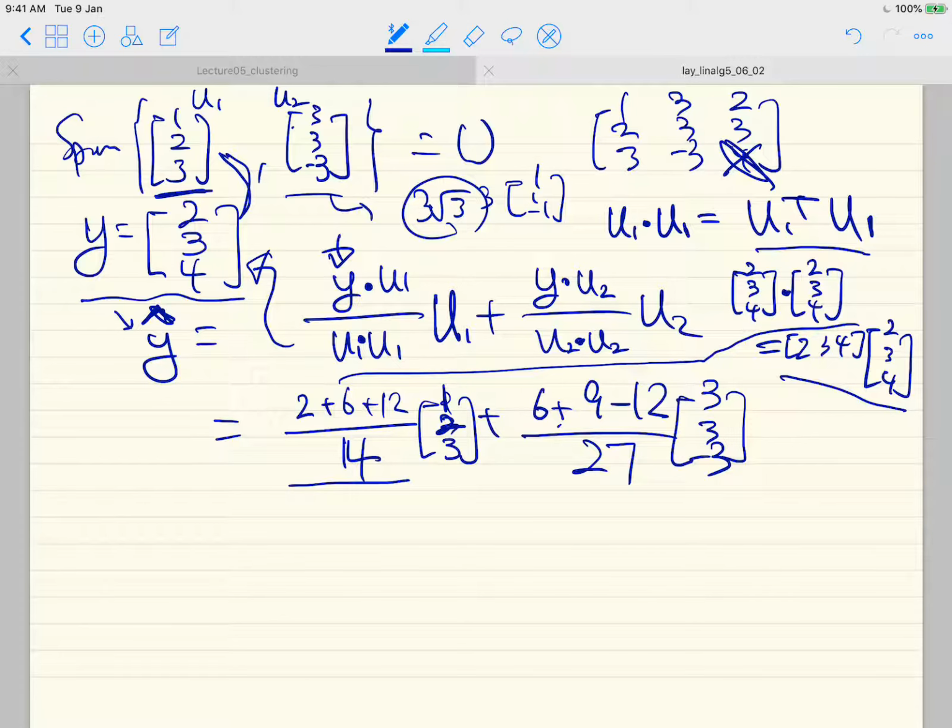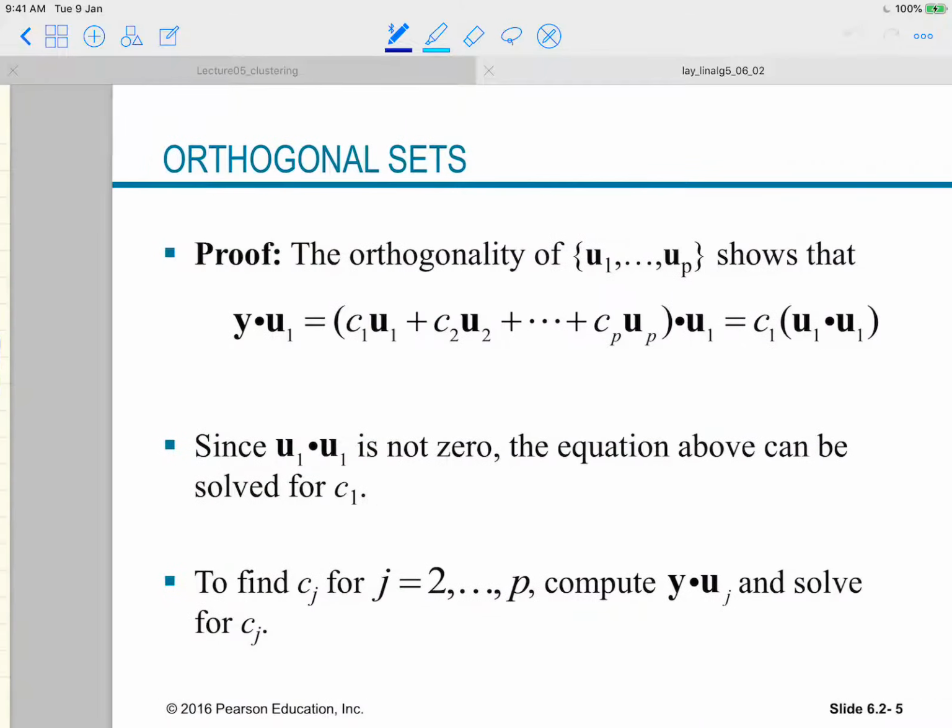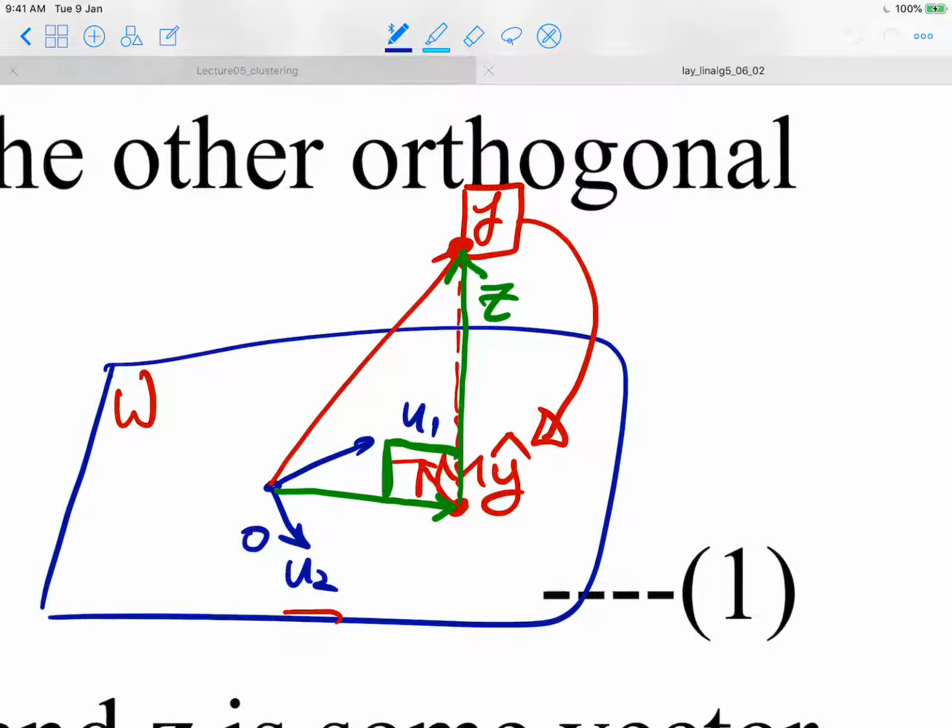And now let's prove this. Okay? So I'm claiming that this is y hat. And y is y hat, which is the orthogonal projection part, plus z. What was z? z is this guy, right?